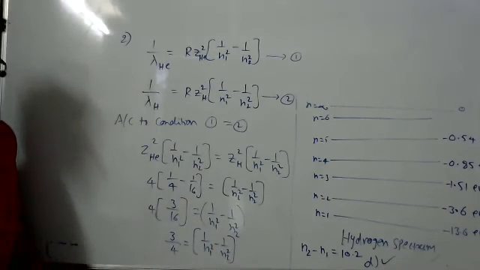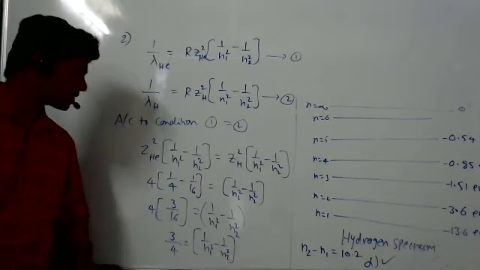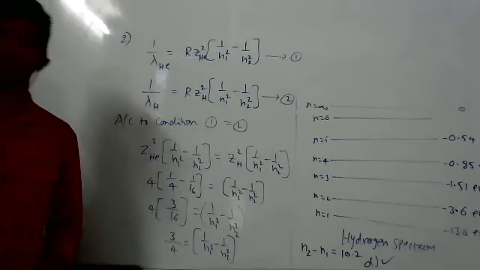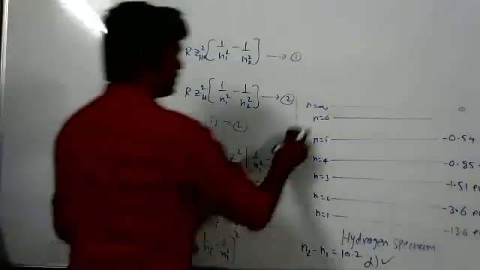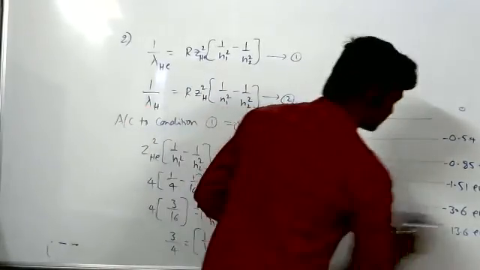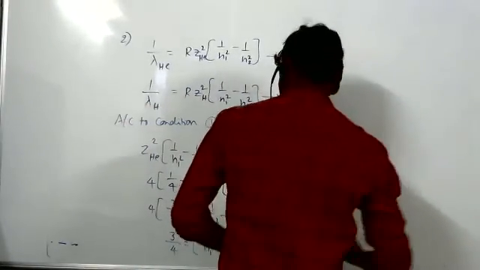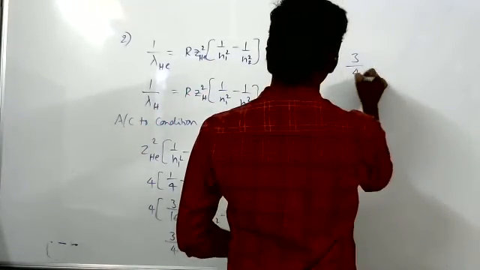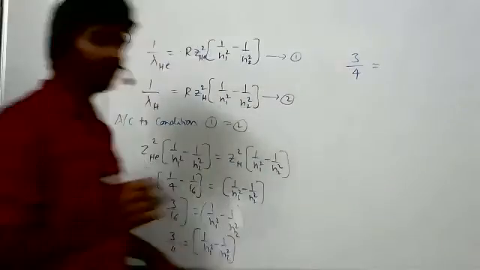So now you have to predict the value. To get the 3 by 4 value, what do we have to take for N1 square and N2 square? Nothing but N1 and N2, what do we have to take? Is there any method to solve this N1 and N2?